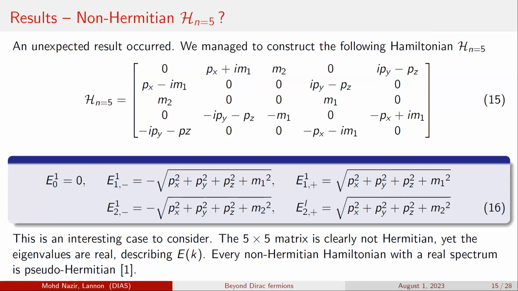This matrix has a pseudo-Hermitian symmetry. So it's possible to show that this Hamiltonian is related to H dagger through a transformation called the pseudo-Hermitian transformation. I'm just curious to know if they're the eigenvalues or the singular values. You said they're the eigenvalues, so the matrix is not diagonalized? Well, you can diagonalize, 16 is the diagonalization of 15.